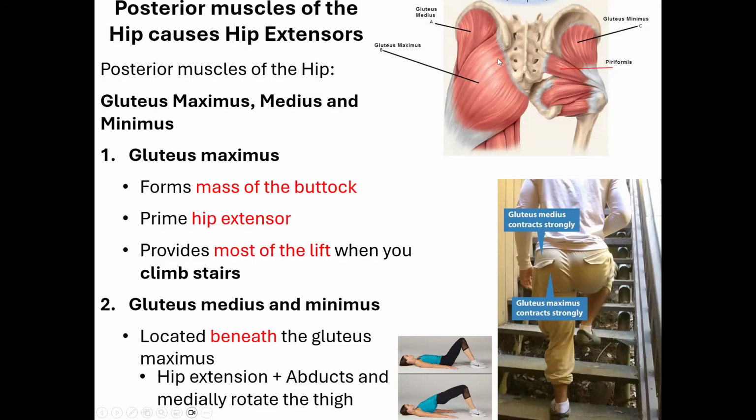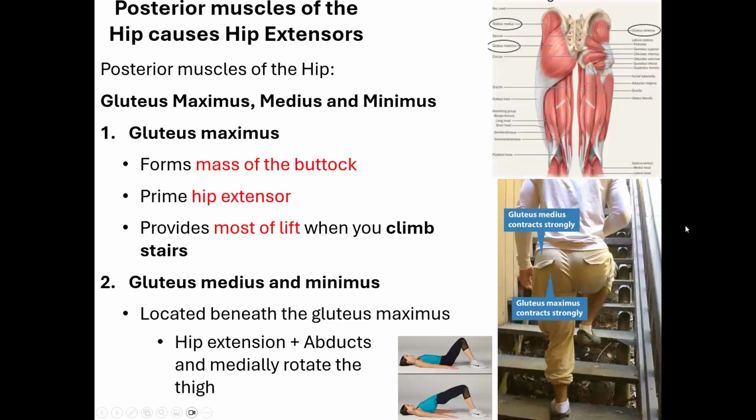So here you can see the gluteus maximus. Here you have the gluteus maximus, medius, and if you remove the medius, inside you have the minimus. Okay? That's the muscle which gives you the lift when you're going up a stair.